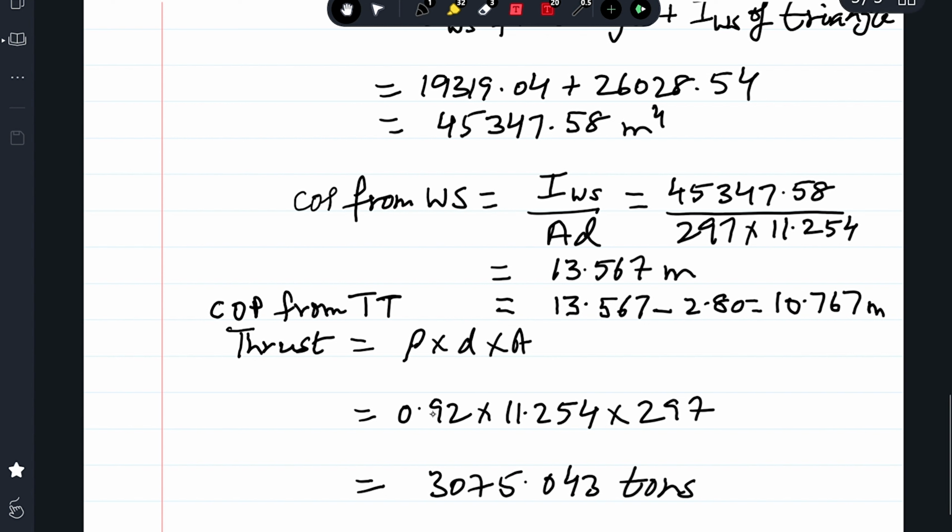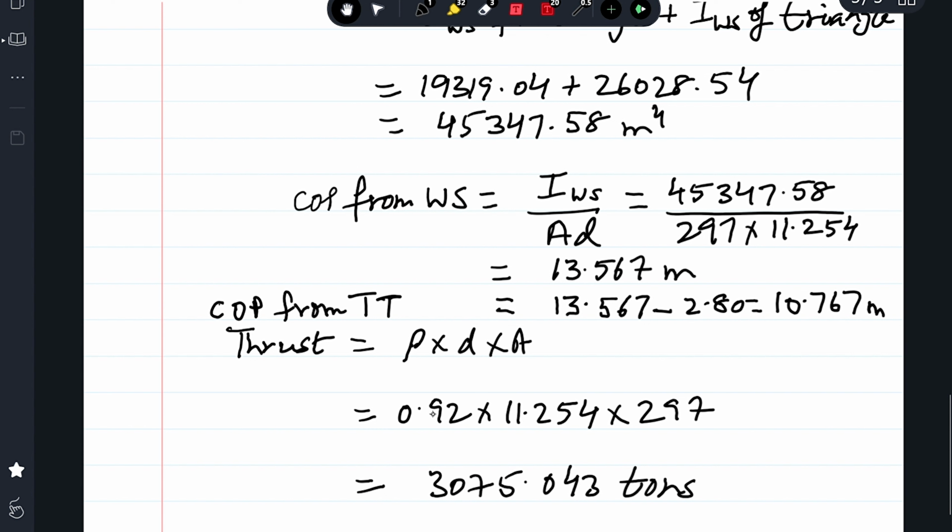I_WS. So what will be the center of pressure from the water surface? The depth of the center of pressure below the water surface is the moment of inertia about the water surface upon the total area immersed multiplied by D, the depth of the centroid of the bulkhead below the water surface.